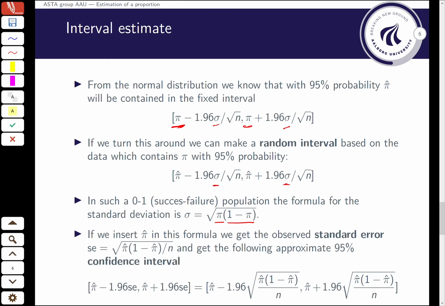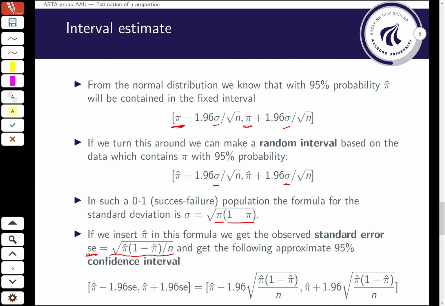Of course, we don't know what this is, but we can plug in the estimate from our data, the pi hat that we observe, and say that's probably a good approximation of the true value of pi. And then we call this the observed standard error, SE, so SE for standard error. And then we have this formula for it, which is now something we can calculate from our data sample.